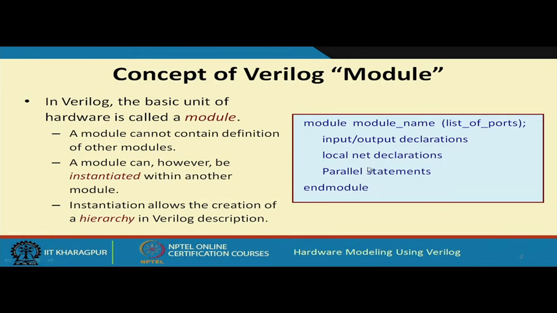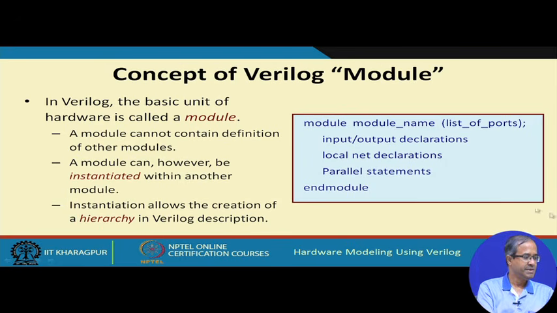Now, here we are calling them parallel statements. Well, why do we call them parallel? In Verilog there are certain constructs which you will be learning one by one. Ultimately we are describing some hardware. We are describing one piece of hardware, say H1, another hardware H2, those are all part of the module. In terms of operation, H1 and H2 are both working in parallel because they are actually circuits.